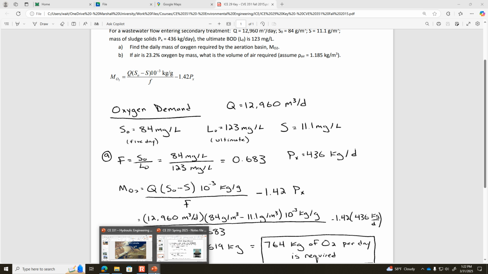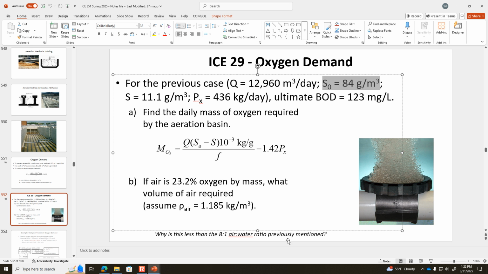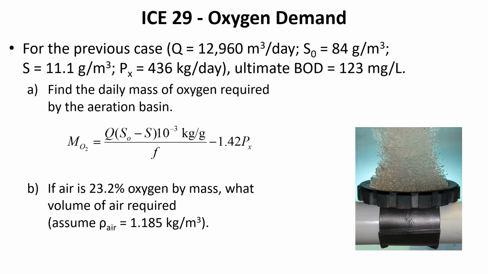Now that's the mass. What if we tried to determine a volume from that? Just knowing that air is 23.2% oxygen and the density of air at sea level is 1.185 kilograms per cubic meter.